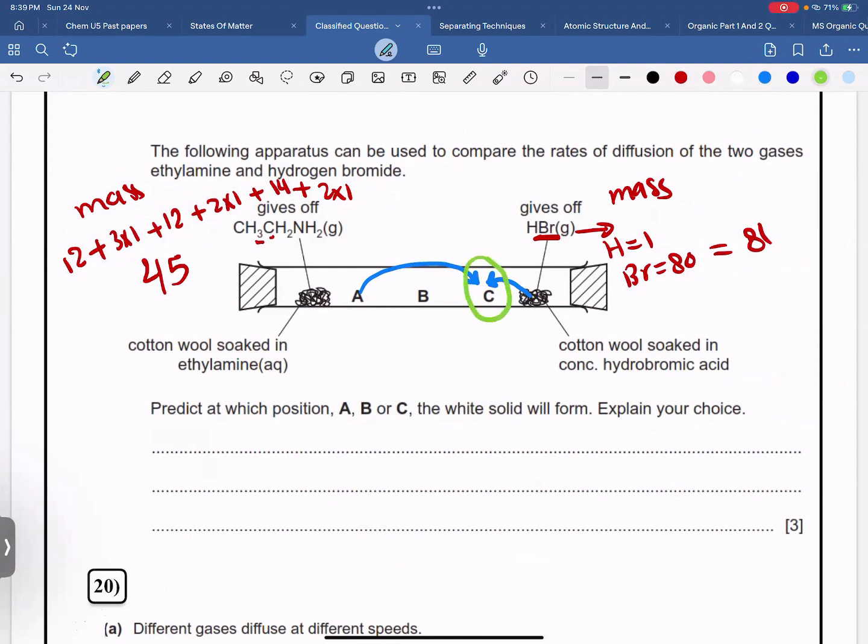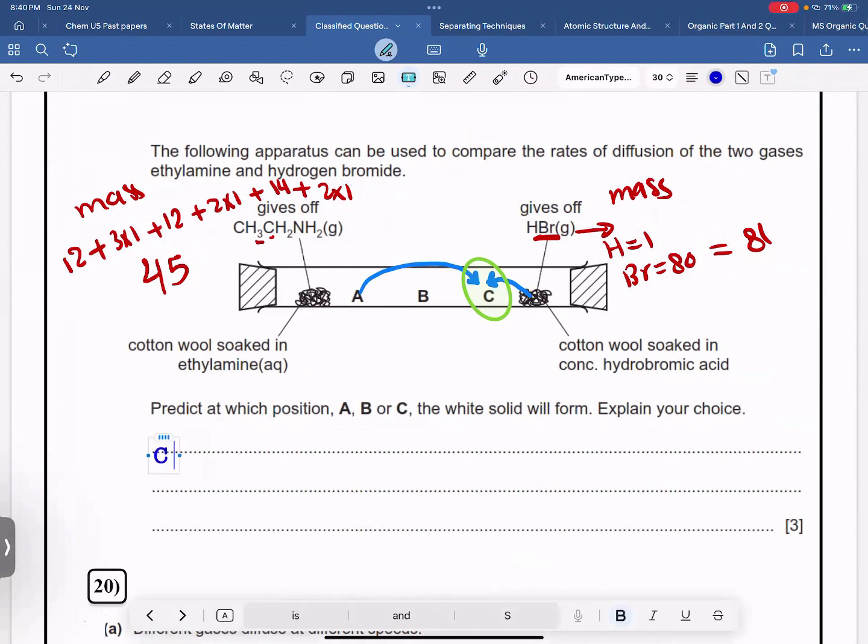So the white smoke is going to be at C. So the answer will be C, because hydrogen bromide is heavier or has a larger mass, so it diffuses slower.